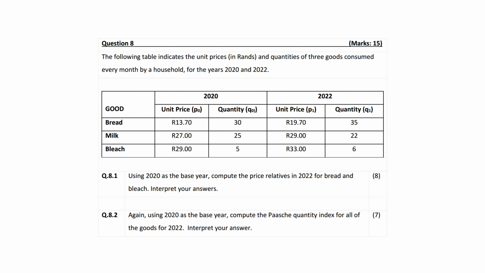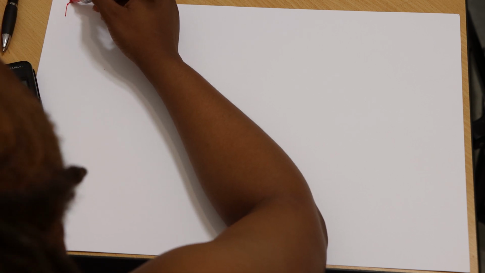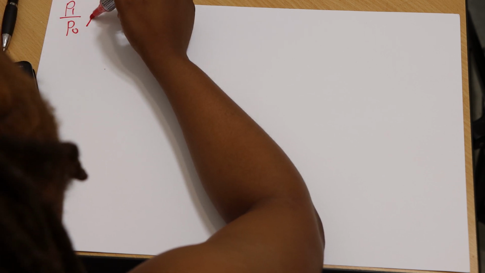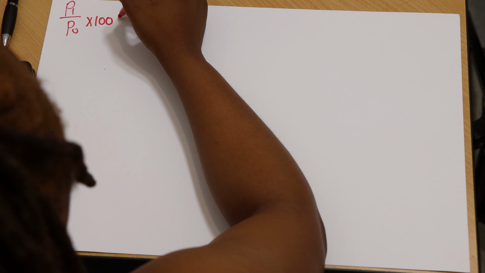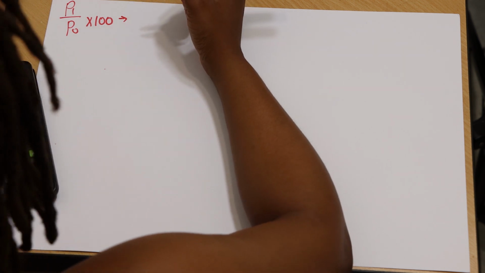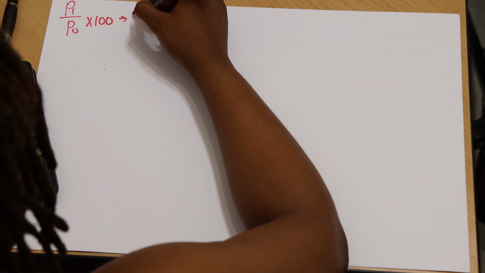Using 2020 as the base year, compute the price relatives in 2022 for bread and bleach and interpret your answer. So at this point, you all know that the price relative is P1 over P0 multiplied by 100. It means you're going to calculate that for bleach and bread as the question asks.